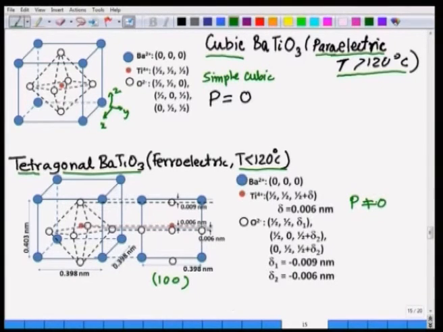There will be a net polarization or net dipole moment in the cell, and in the material there can therefore be a net polarization. So, this particular material therefore acquires ferroelectricity. Ferroelectric.